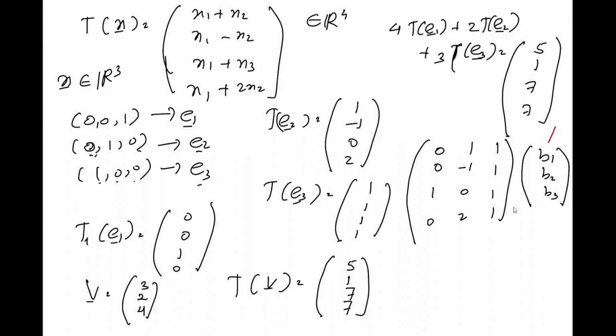And B1 should be the coordinate vector with respect to E1, B2 the coordinate vector with respect to E2, and B3 the coordinate vector with respect to E3.